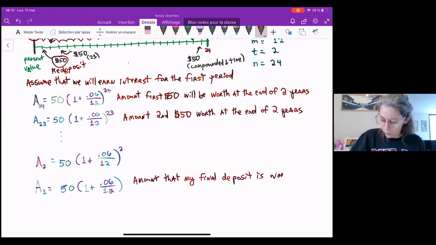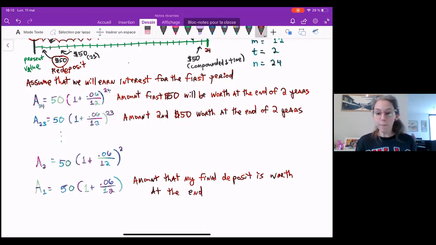Okay, so then what are we doing with all of these things? If I think about it, that first $50, all the money that I earn on that, it's now in the account. That second $50, all the money that I earn on that is added to that first $50. Then the third $50, plus all the money I earn on that, is added to the original two.